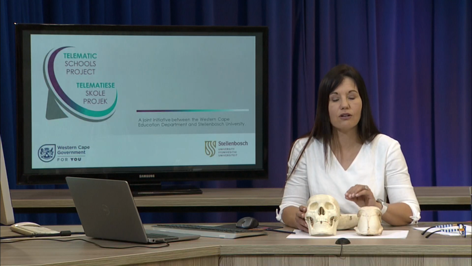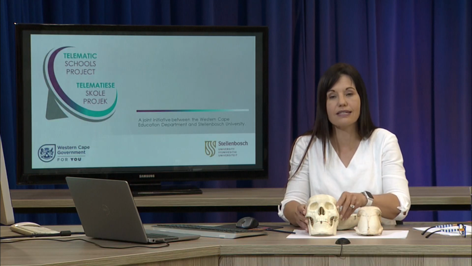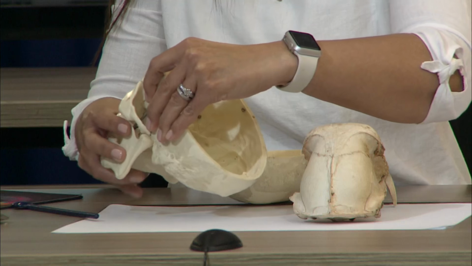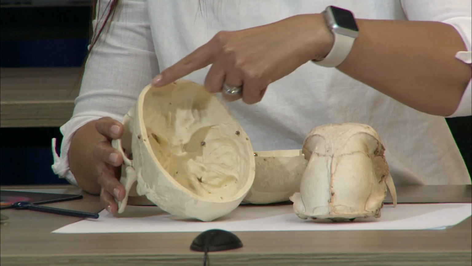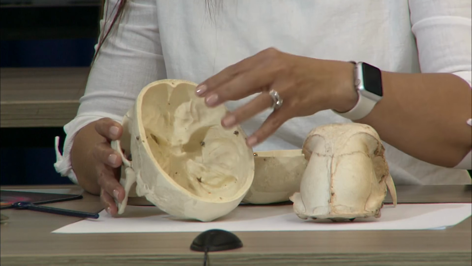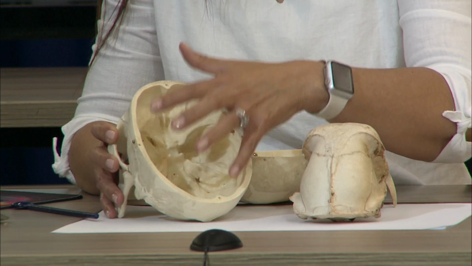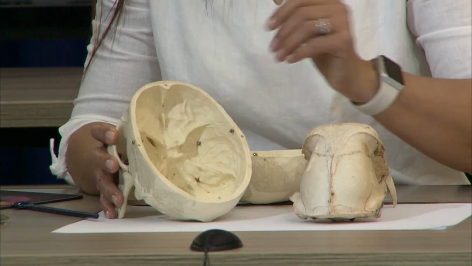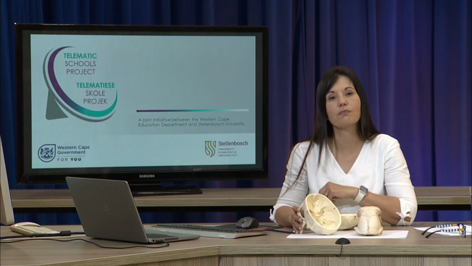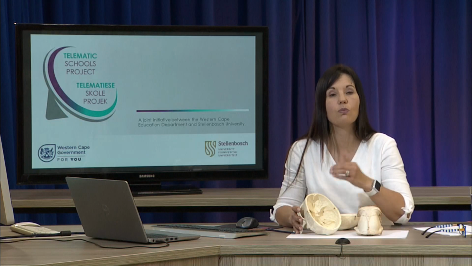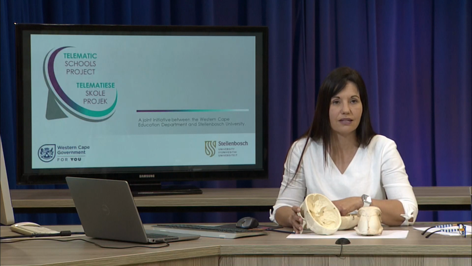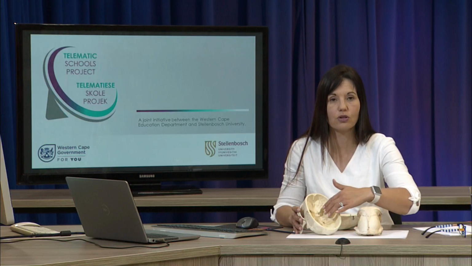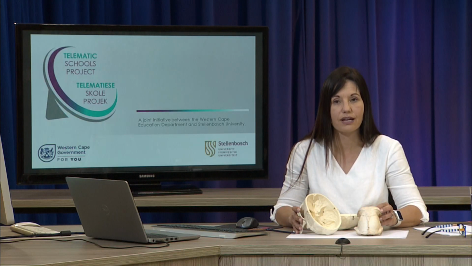A lot of times the learner wants to say that the cranium is larger. So if the cranium of a human is the largest part compared with, for instance, a chimpanzee, it means that humans are more intelligent than a chimpanzee. So the cranium is the part that protects the brain.